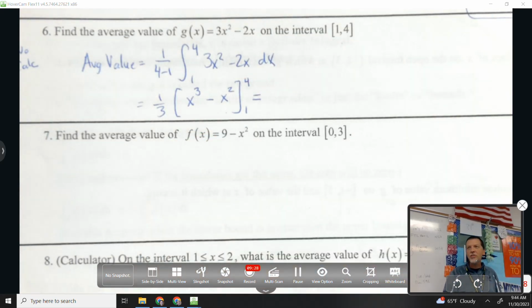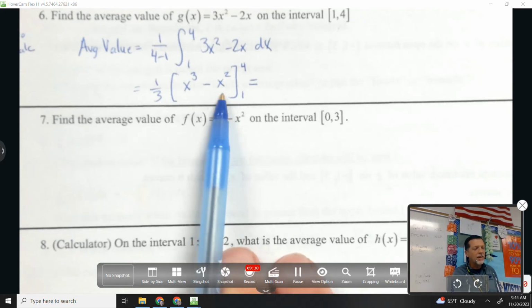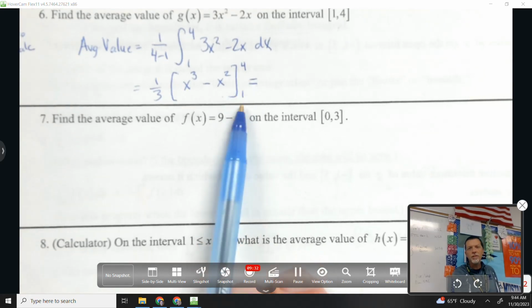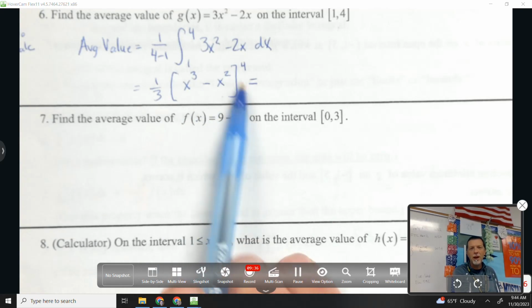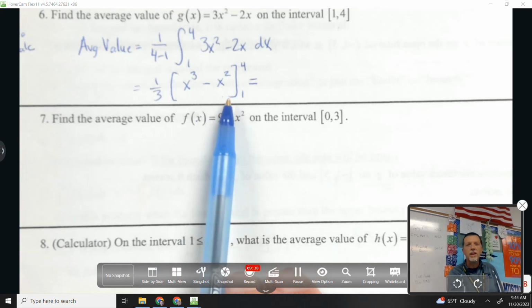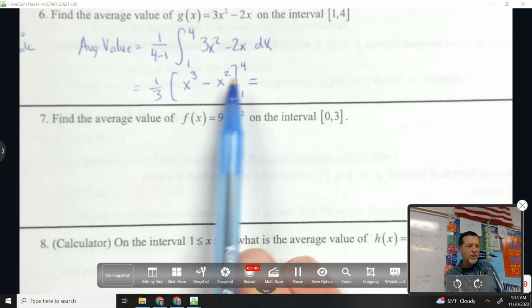I see a safe stop in our near future, but not yet, because we have to plug in the 4 and the 1. This is not calculator ready. There's not a calculator where you could type that in and make that work. What's left is still calculus stuff.